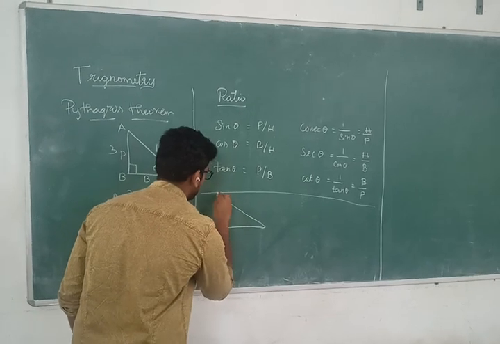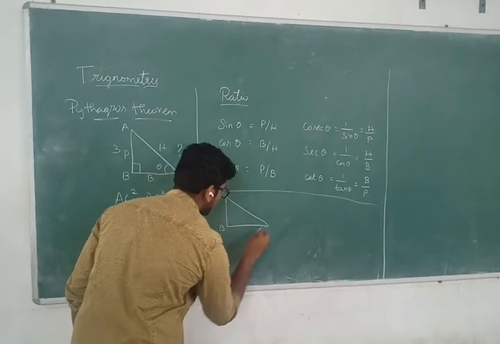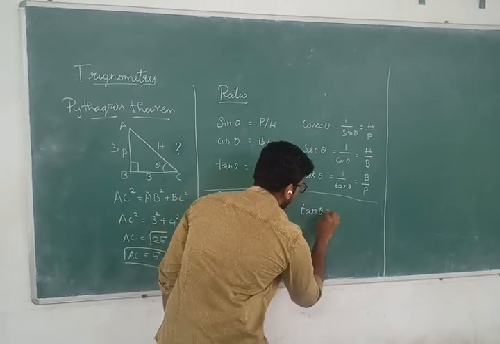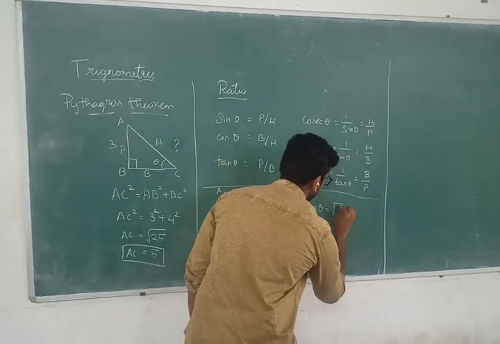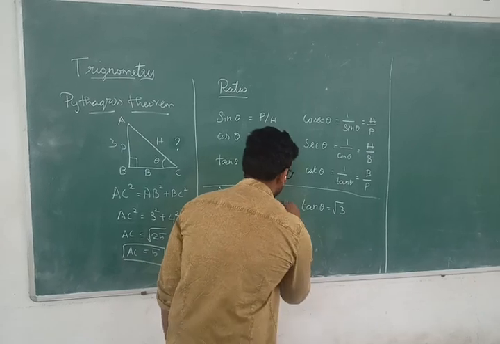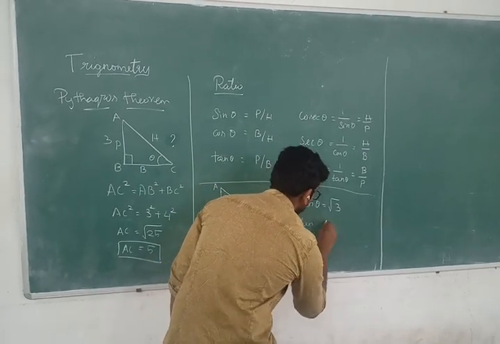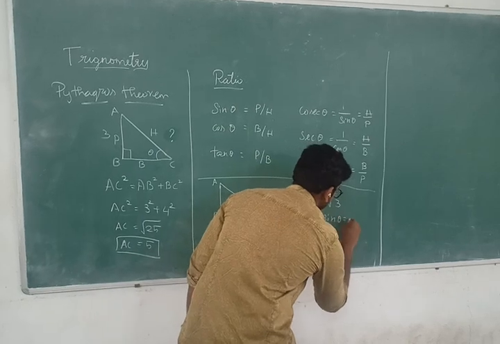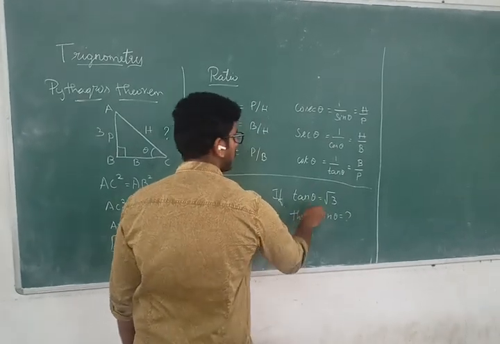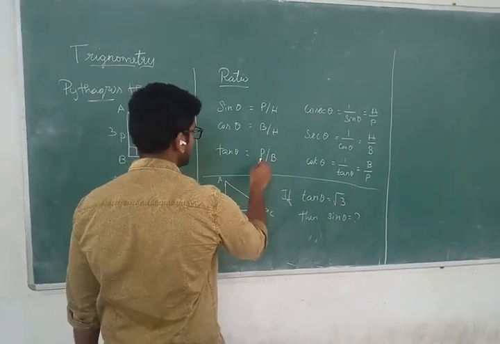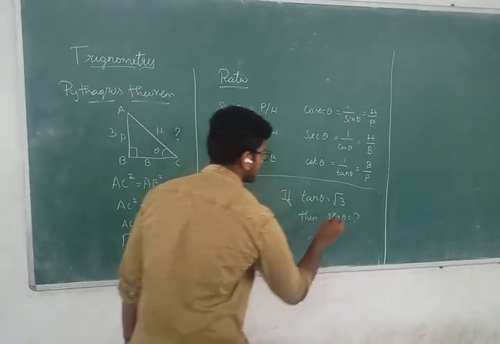And the questions like, in triangle ABC, tan theta equals root 3. If tan theta equals root 3, then what is sin theta? You know what tan theta is? Tan theta, the formula is perpendicular by base.